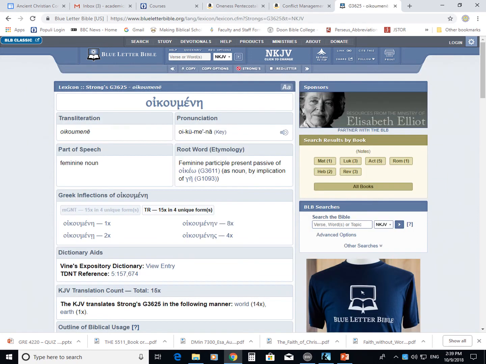And as we move forward and click that, we come to a page that shows the Greek word, shows what part of speech it is, a feminine noun, some etymology that is not important, but then also the important things here, the dictionary aids. So on this particular site, you have Vine's Expository Dictionary and Strong's Concordance.